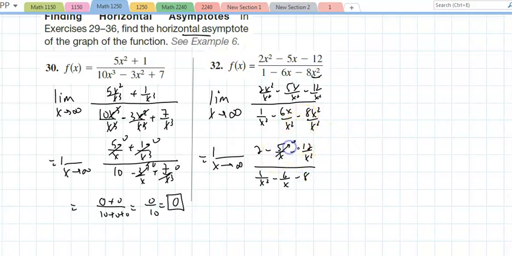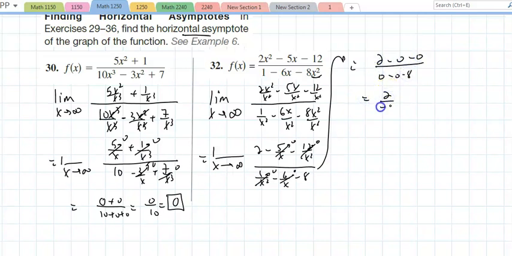As x approaches infinity, any number over x will approach 0, and you notice we will get 2 minus 0 over 0 minus 8. We'll get 2 over negative 8, which is negative 1/4.